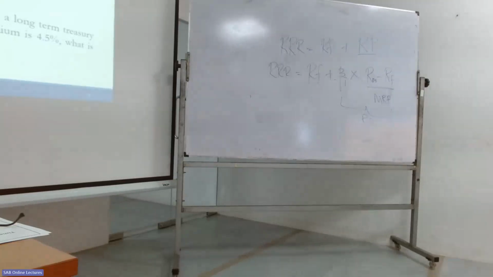It is the difference between the market return and the risk-free rate that has been given, the market risk premium. So the market return is how much? There is a risk-free rate, it is 6%. The market return is 10.